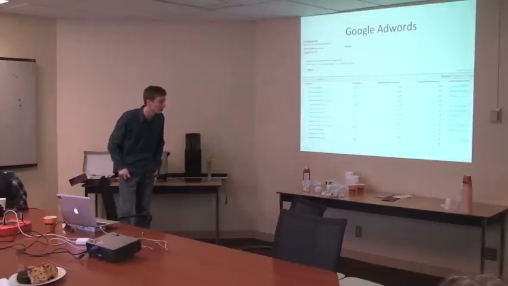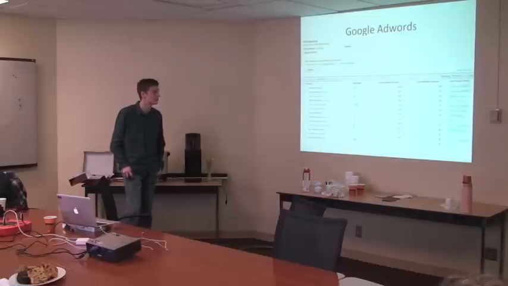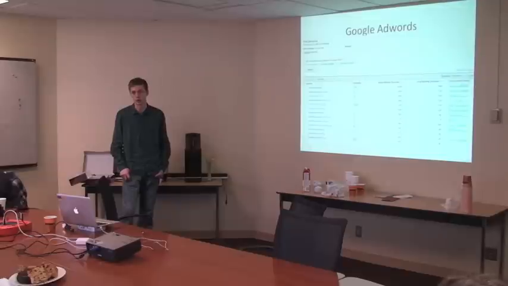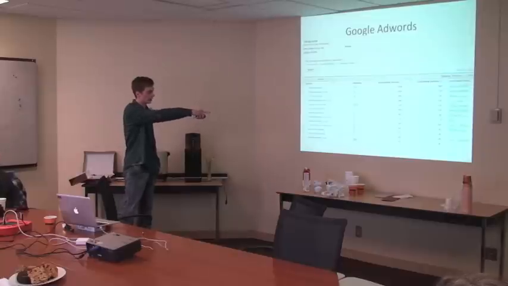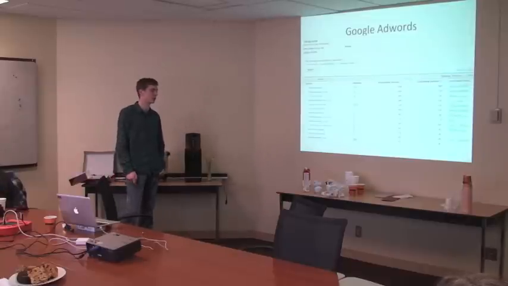So even though there's only 250 people worldwide, people are paying a lot more for those clicks because it's so profitable online education. You can have one instructor and you can have 10,000 students or more. So that's why that one is so costly. Canada University Online, again at the bottom, with only 110 people searching a month.